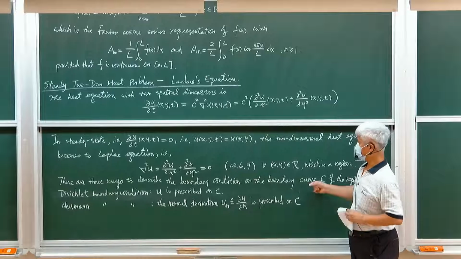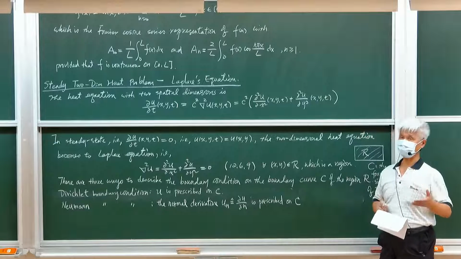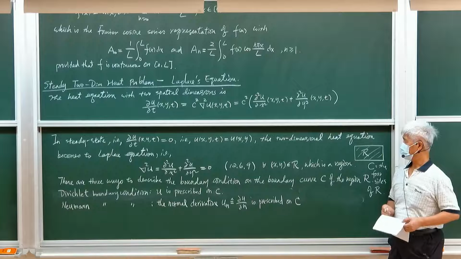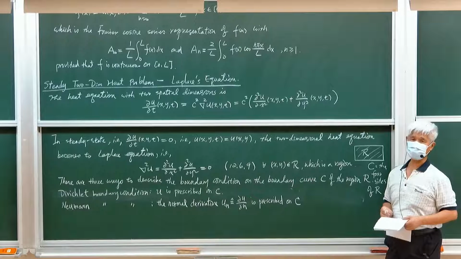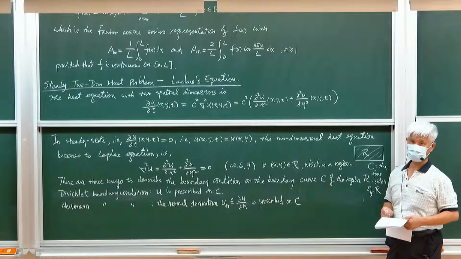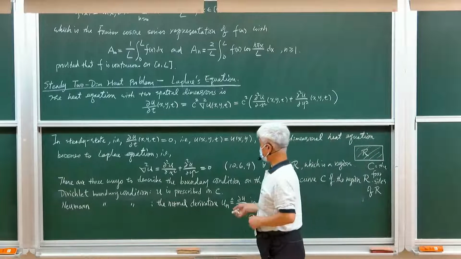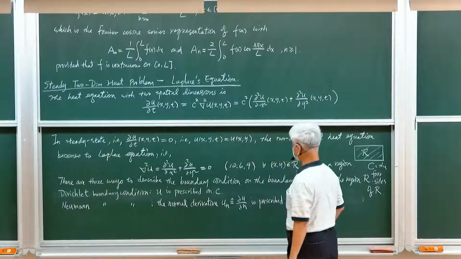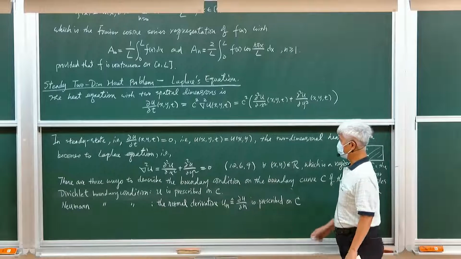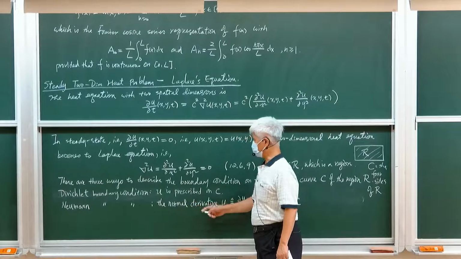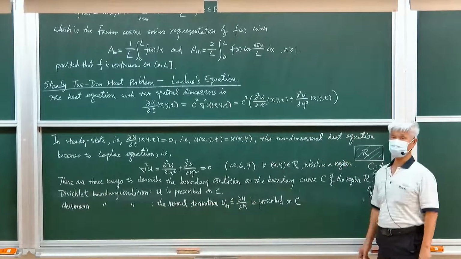But in 2 dimensions, 3 dimensions, or in general n dimensions, there are infinitely many directions, so we have to talk about directional derivatives, and one of the important ones is called the normal derivative.